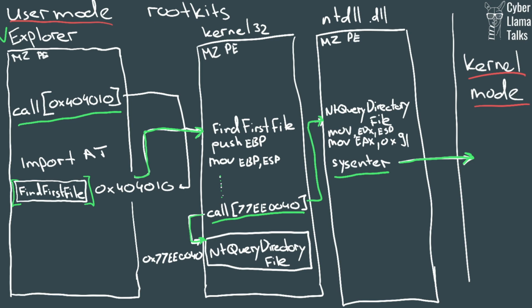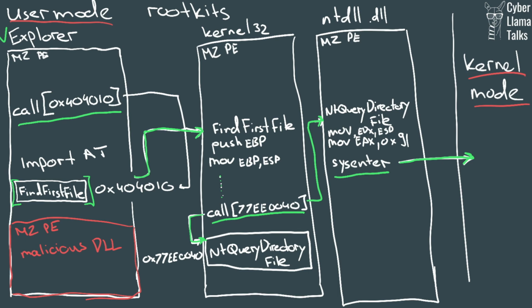Because there is a whole cascade, there are actually multiple places where a rootkit can intervene. Specifically, let's say the rootkit gets loaded, and just for simplicity, I'll put the user mode rootkit code here. And let's say it's another MZP file, which is a malicious rootkit DLL.